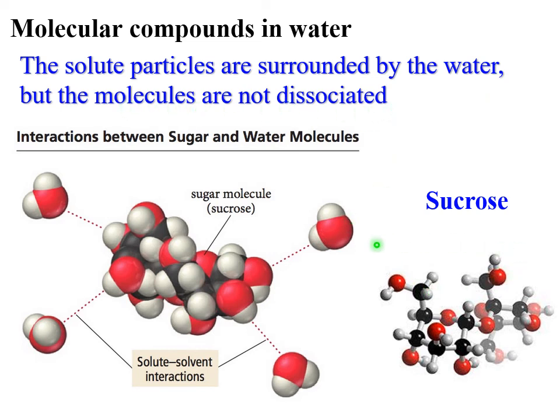So if you look at sucrose, common sugar, it has lots of OH groups and has several oxygen atoms, in a cycle here and here. The interaction will be: hydrogen atoms of water will be attracted by oxygen atoms of sugar, and oxygen atoms of water will be attracted by hydrogen atoms of the hydroxyl groups of the sugar molecule.